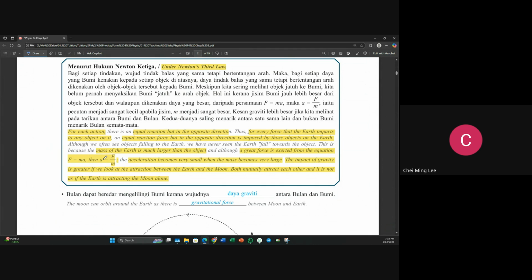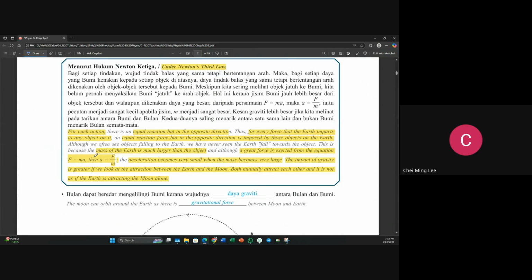Because F equals ma. M is very big, so a, the gravitational acceleration, will be very small. Maybe there's a movement, but it's not so huge or fast that your eye can see it.